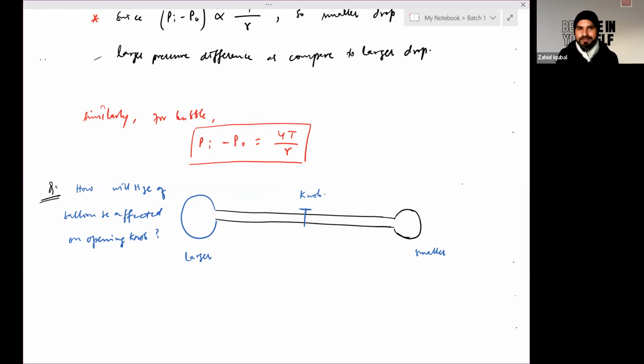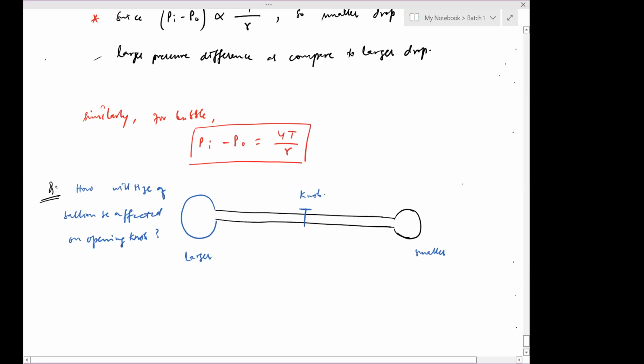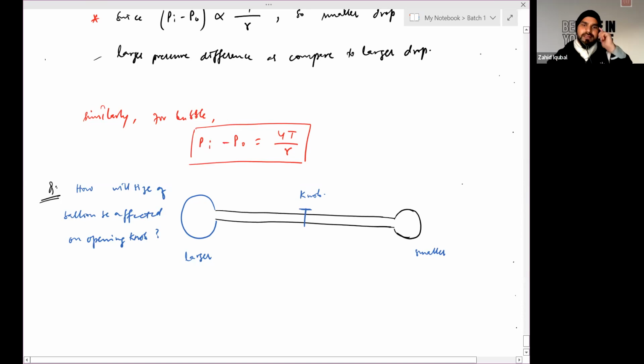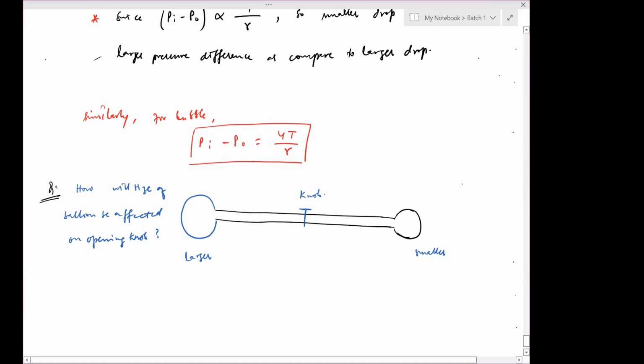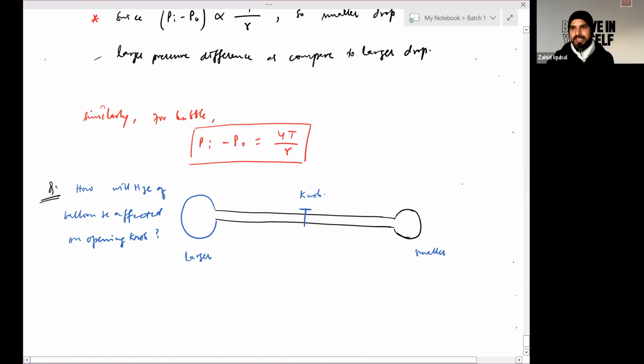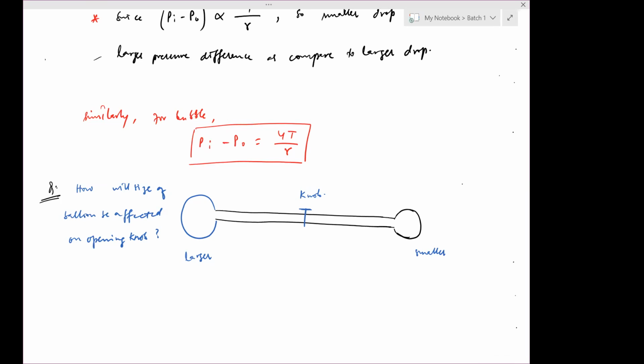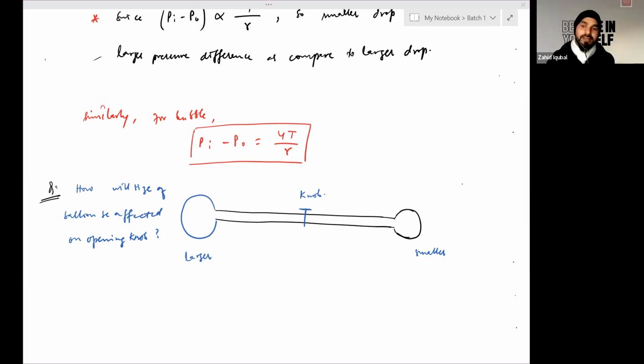Hamza? Sir, it will change instantly. Okay. How will the size of these two be affected? The smaller will start increasing and the larger will start decreasing until they will be equal. Yes, sir. Okay.